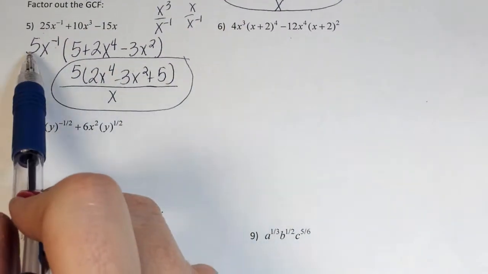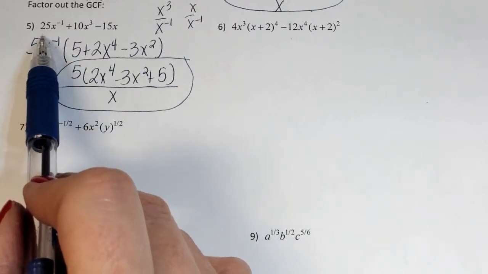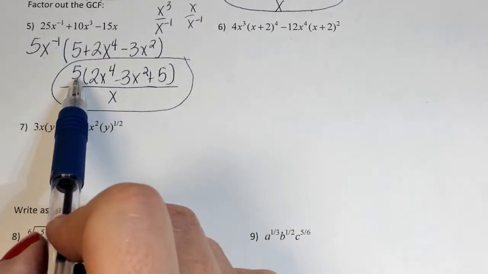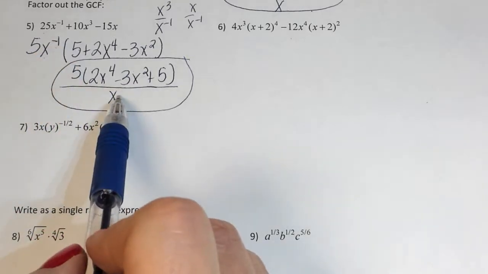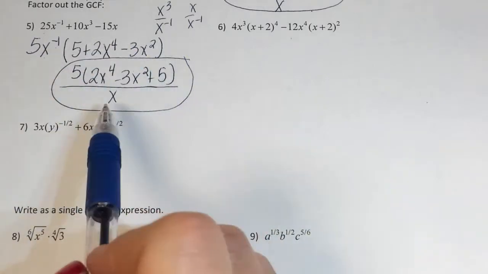Look again at what I did. 5 is not with x to the negative 1. 5 is just to the positive 1. 5 to the first, that's on top. x to the negative 1 goes to the bottom. I put this term first, this second, and this third to put it in descending order.